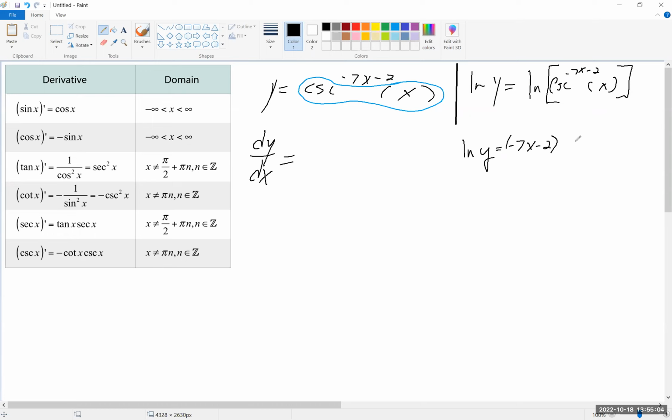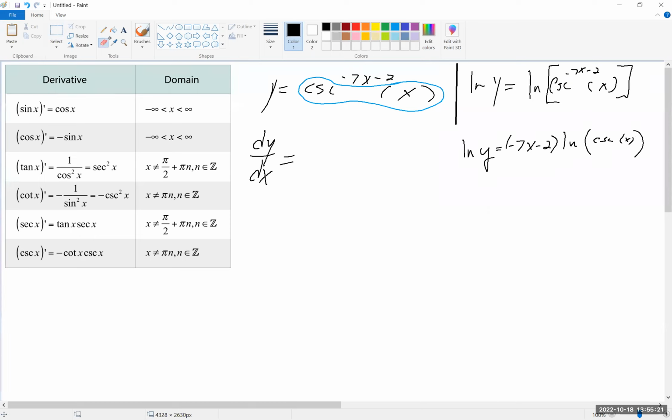And then I've got the natural log of cosecant of x.